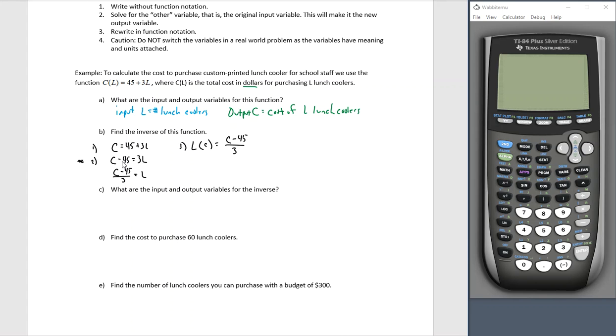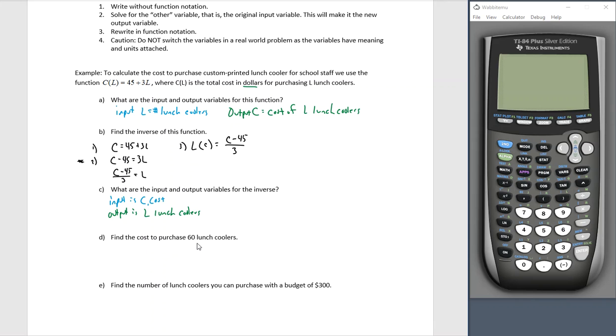Now, what are the input and output variables for the inverse? Now the input is C, our cost, and our output is L, lunch coolers. So we could use either the original function, C(L) = 45 + 3L, or the inverse function, L(C) = (C - 45)/3, depending on what we know and what we want out of it, the different outputs.